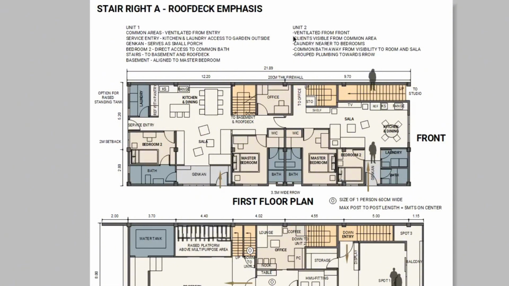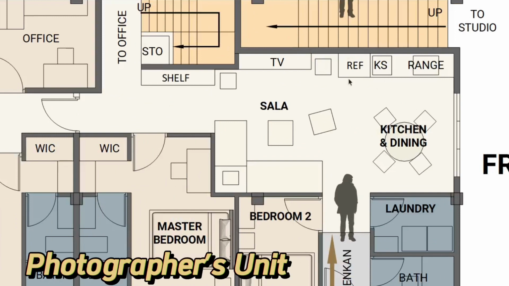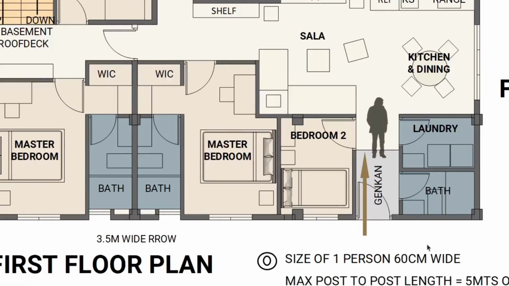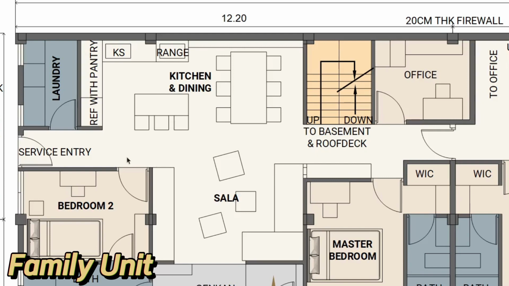We will divide this into two units, one unit for the photographers, mini apartment style, where she can go directly towards the studio, and outside the clients can go as well towards the studio. We have front and back parking here, which goes to the relatives' unit.